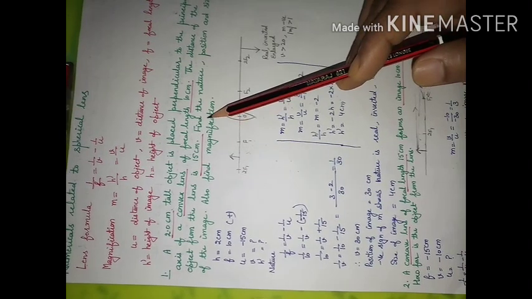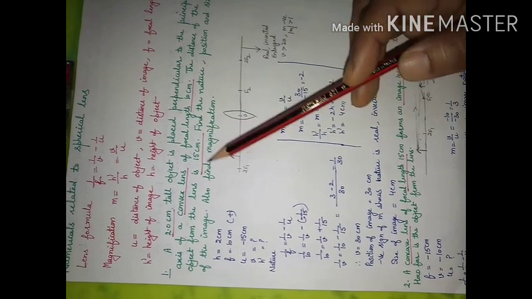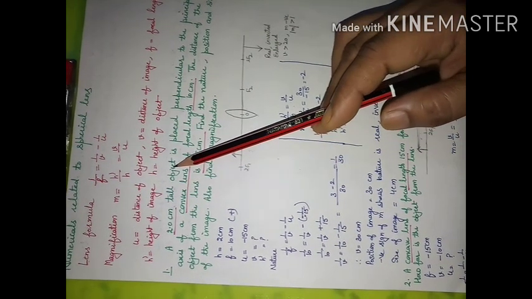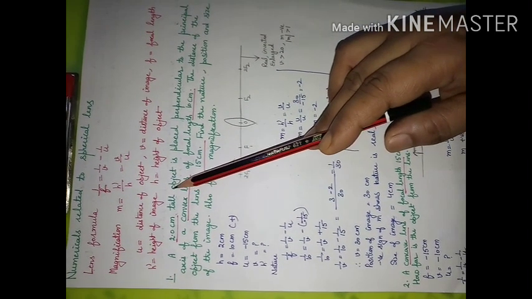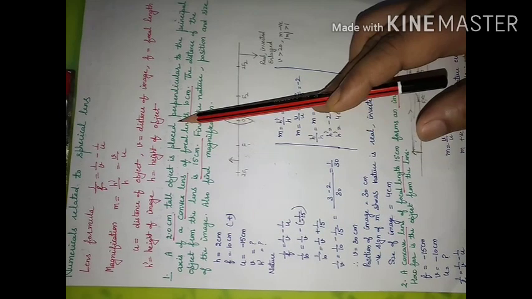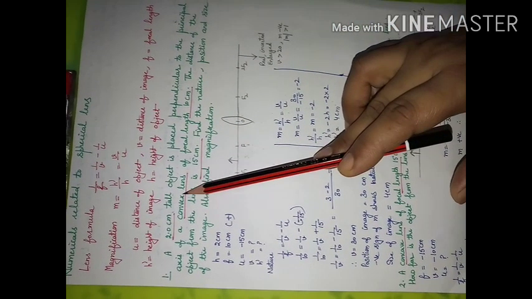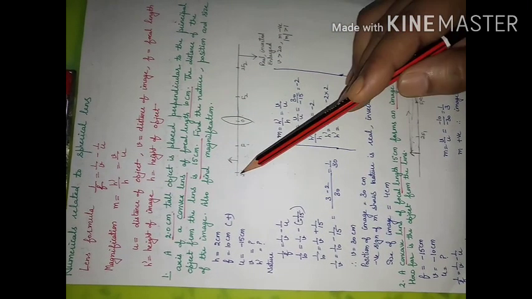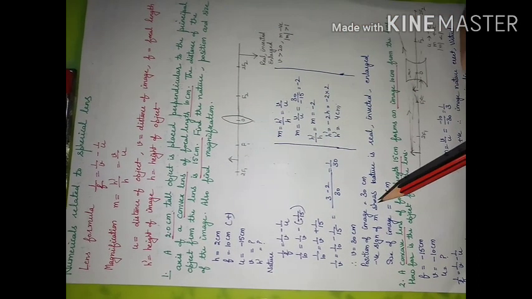So where we have to focus first is what is given to us and what is asked. What is given? A 2 cm tall object. It means this is given the size of object. So this is given h to us. H is 2 cm. Is placed perpendicular to principal axis of a convex lens. Lens given is convex like this. And object is perpendicular to principal axis means this angle is going to be 90 degree.